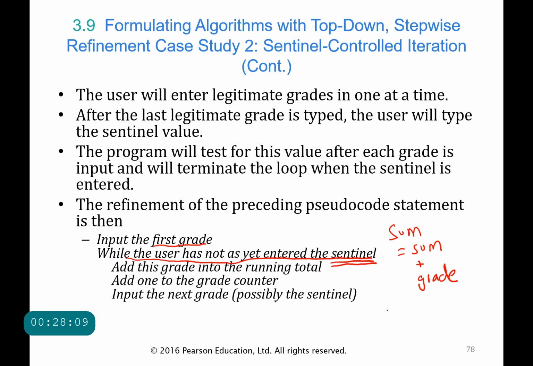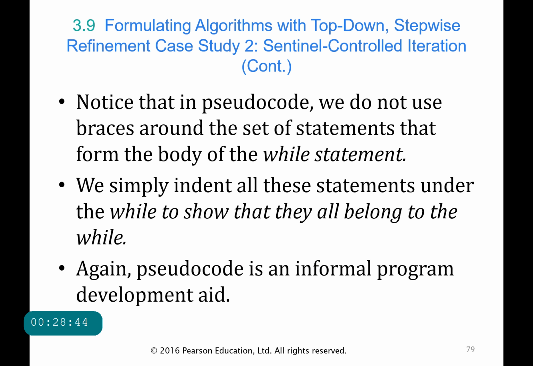Now if the user sets grade equal to any number between 0 and 100, let's say 80, we will go back and repeat this statement. However, if the user enters something like -1, which is the sentinel value, then we stop and move to the next statement.